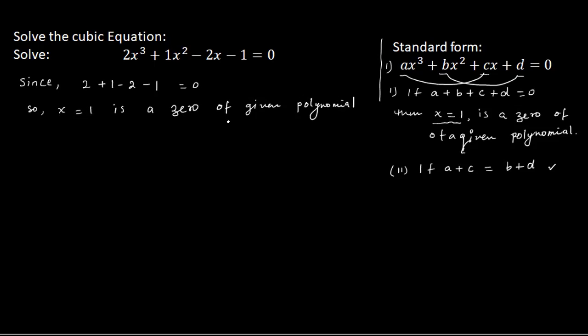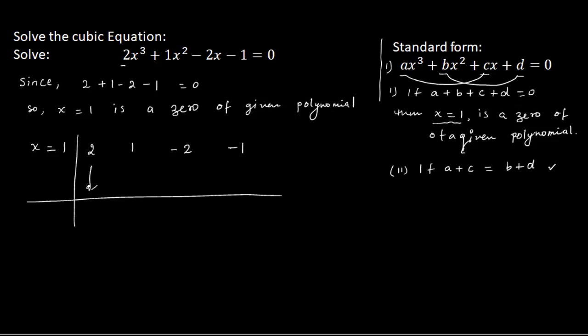For the other two zeros, let us use synthetic division. For synthetic division, simply write the coefficients of this polynomial. This is 2, 1, -2, and -1. Write x equal to 1 here.